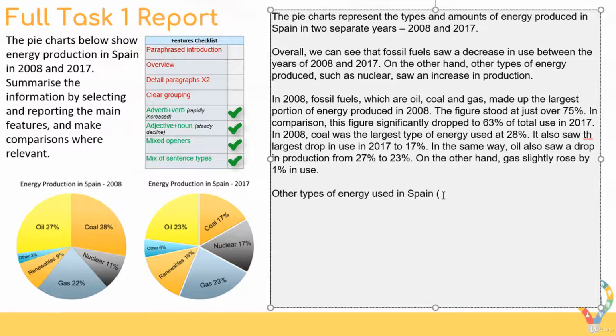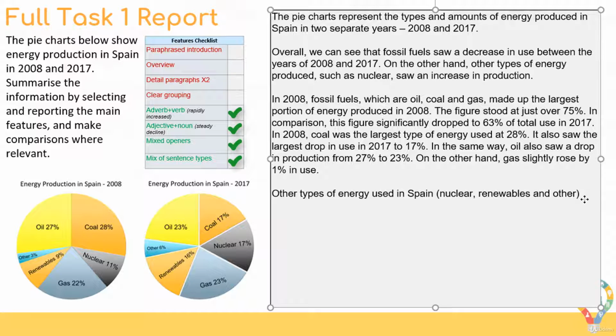I'm using different punctuation to add detail. I'll put nuclear, renewables, and other. One moment, there's a spelling mistake there. You also must make sure that your spelling is accurate throughout this report.